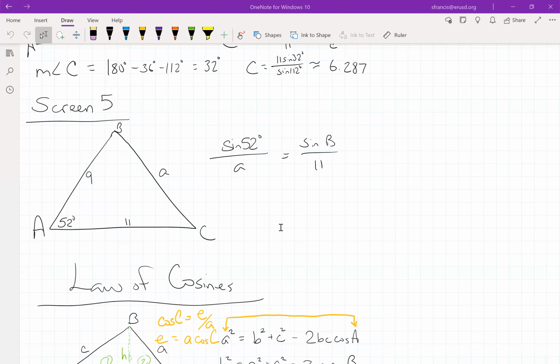If A was 9 and the other side was 9, then it'd be isosceles, and it's not. It's close, but it's not. So don't round that much, please. 3 decimal places.